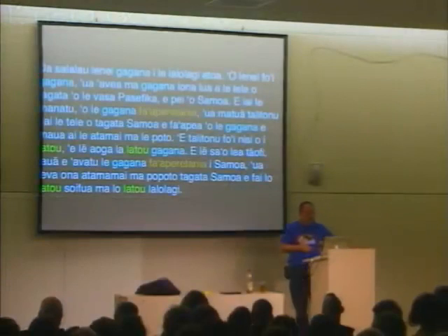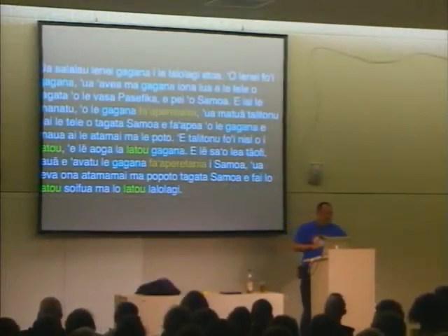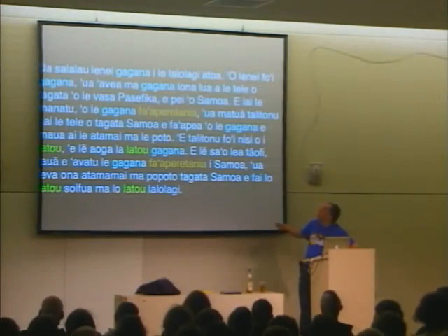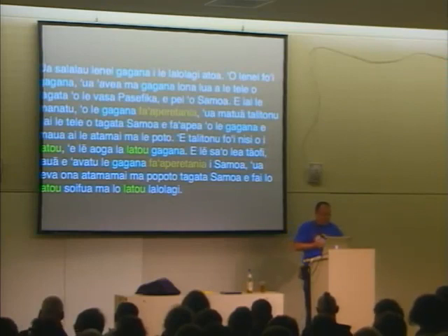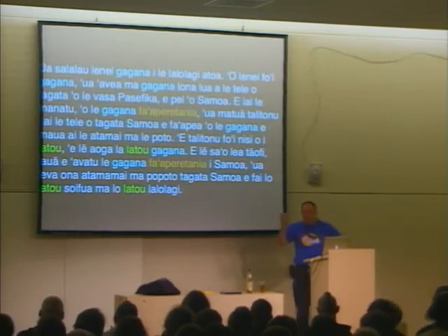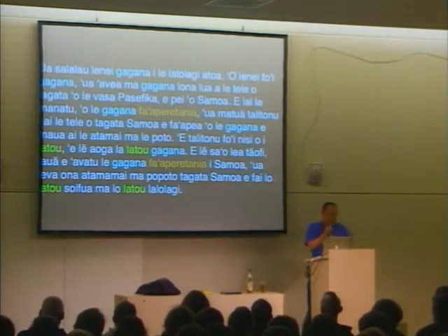Strange. Later on I tried other words, and Tagata worked. Tagata means people or person. So Tagata Samoa, people from Samoa. And Tagata Olivasa Pacifica seems to mean people from the Pacific Ocean or something like that.